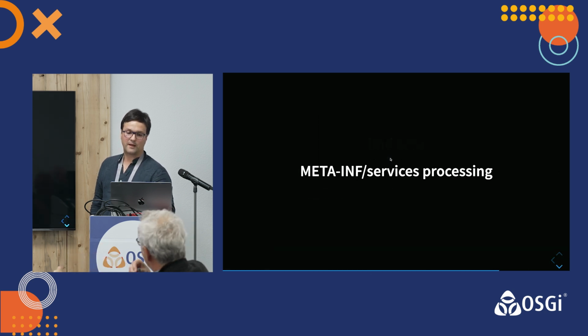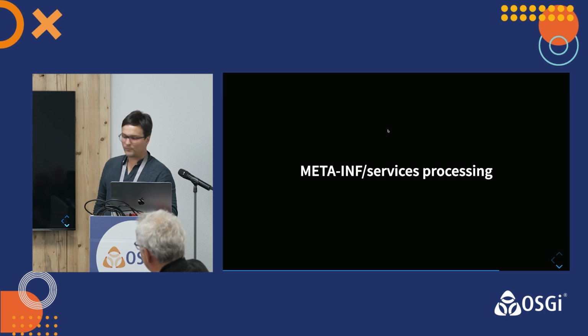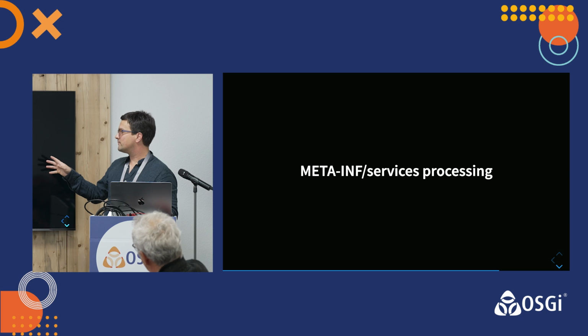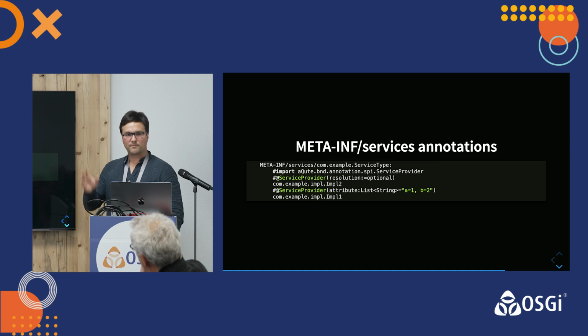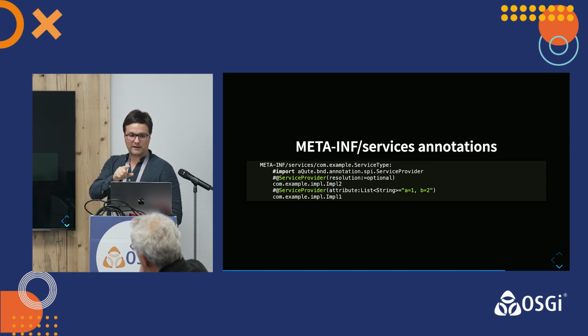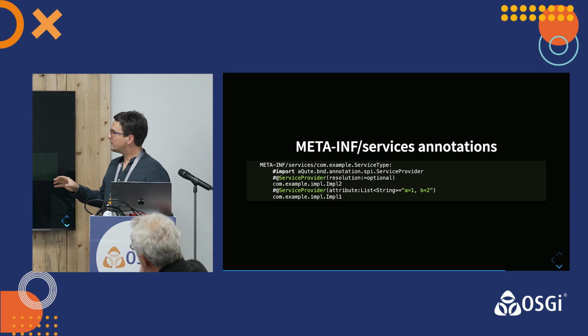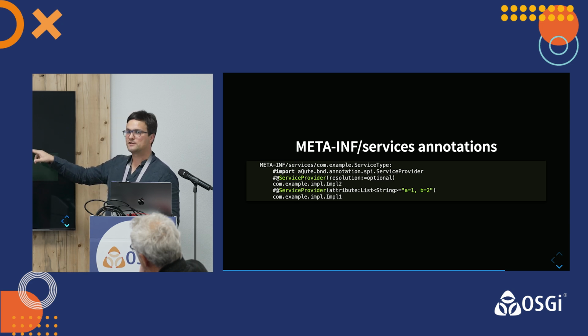BND core. Yeah, 2 minutes. We added something just recently for processing files in the meta-inf services folder. For example, if you're working with service loaders. Peter added something on request, so you can add annotations in those services files, but annotations in comments.